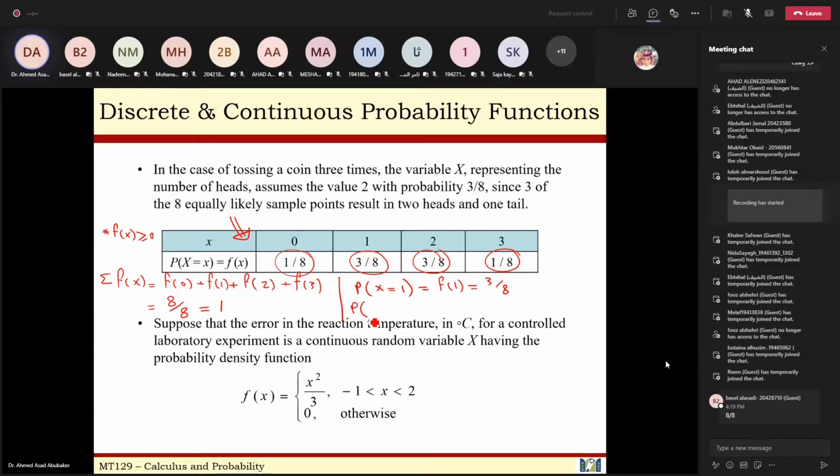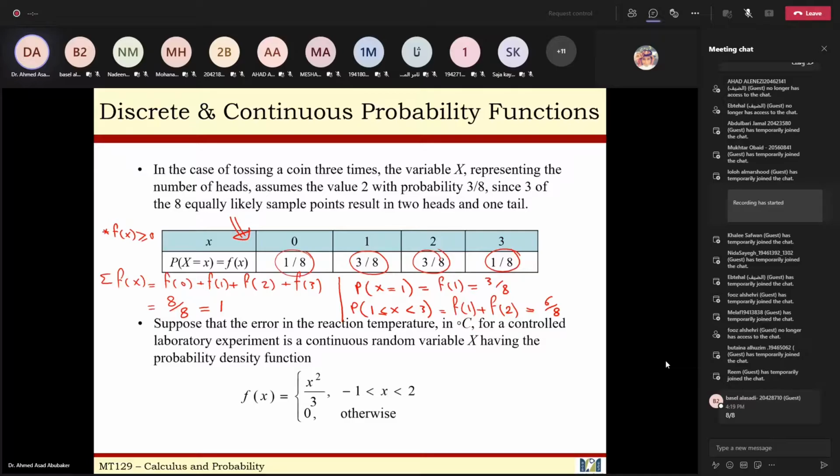If we need the probability for x greater than or equal to 1 and less than 3, this means we need to find f of 1 plus f of 2 only, f of 3 not included because we don't have equality at 3. f of 1 plus f of 2, 3 over 8 plus 3 over 8 equals 6 over 8. This is the probability for x greater than or equal to 1, less than 3.